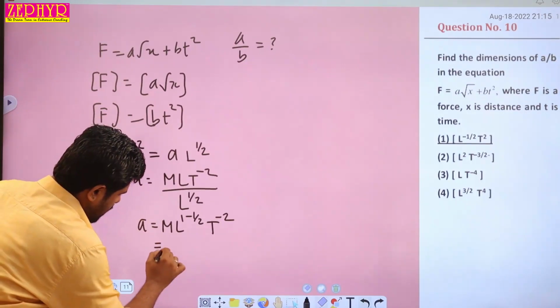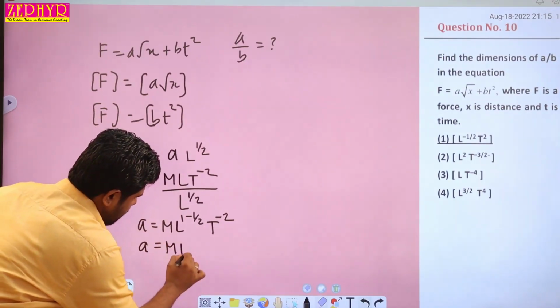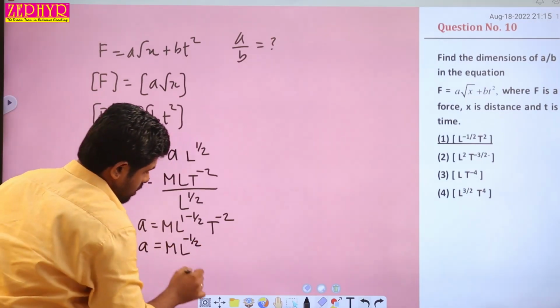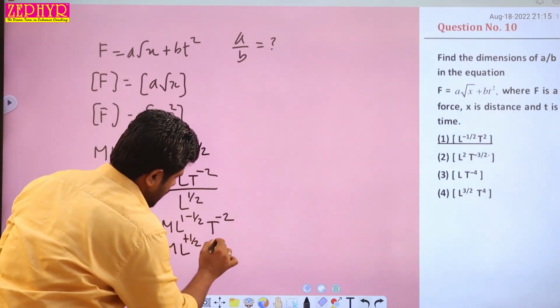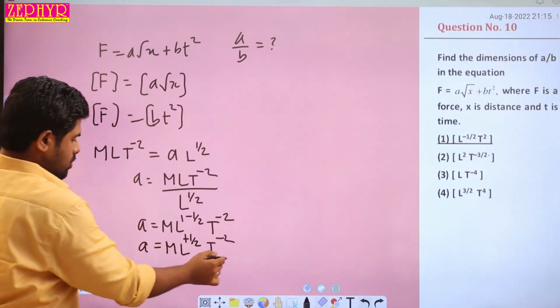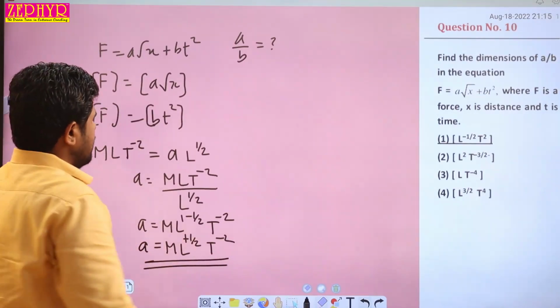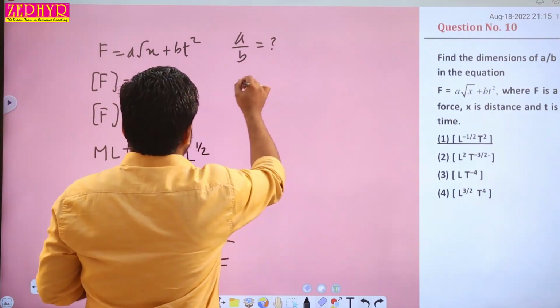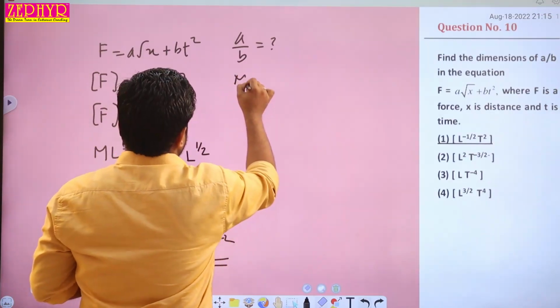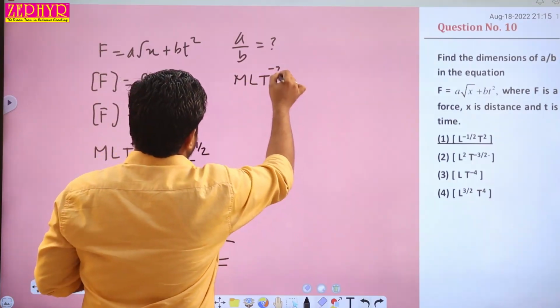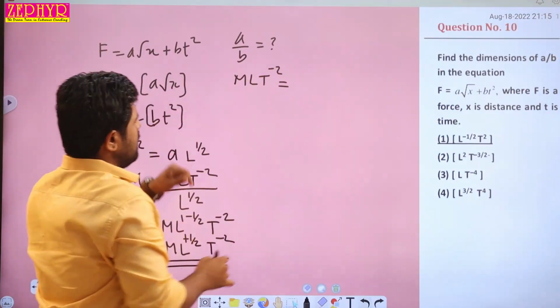So here A is equal to M L raised to plus 1 by 2 T raised to minus 2. This one is the dimension of A. Then to find the value of B, we know the dimension of force F is equal to MLT raised to minus 2, and it is equal to bt square.